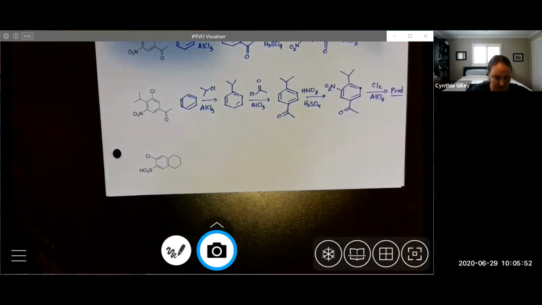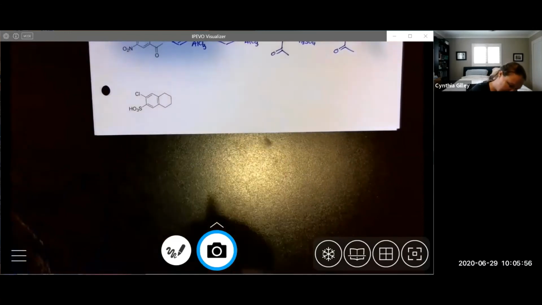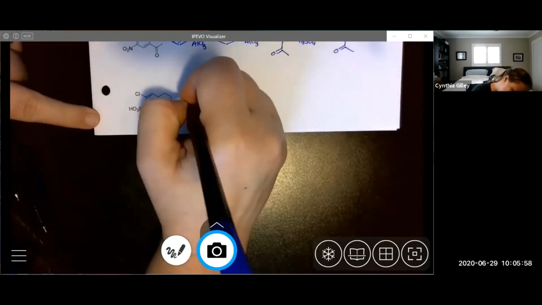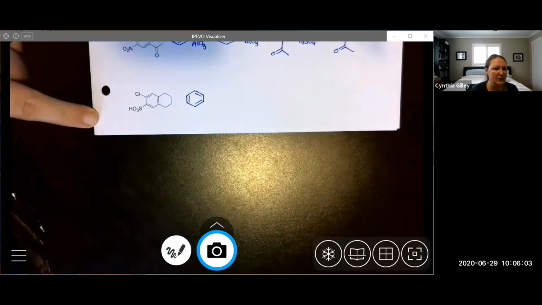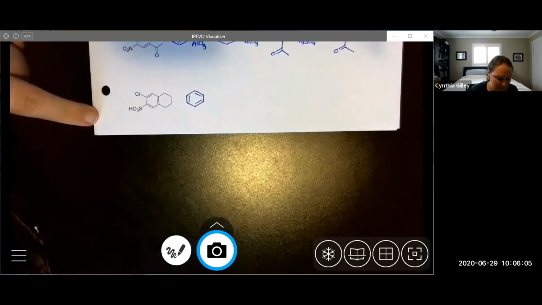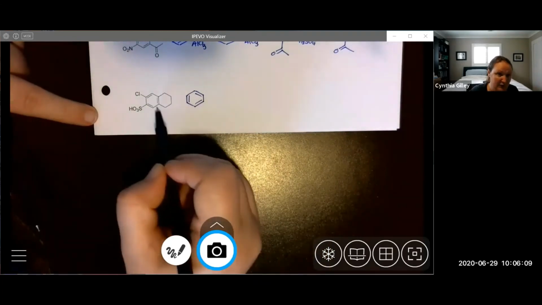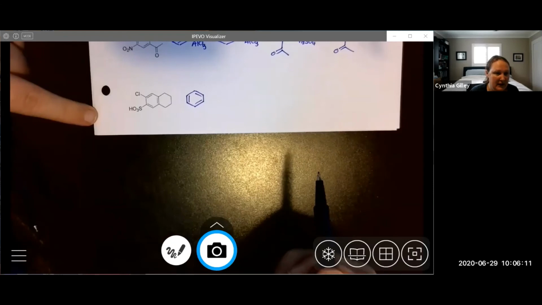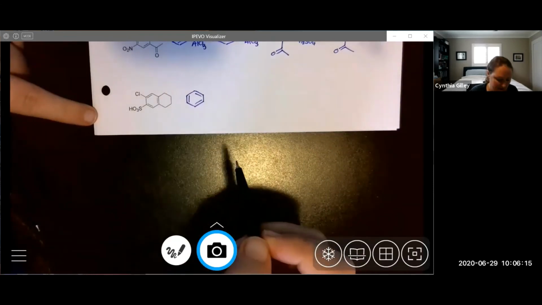Okay, last one on this page. Starting from benzene, we have to kind of make this fairly complicated. The problem with potentially doing an alkylation to introduce this ring is that it was going to be a primary alkyl halide, and those can be rearranged.